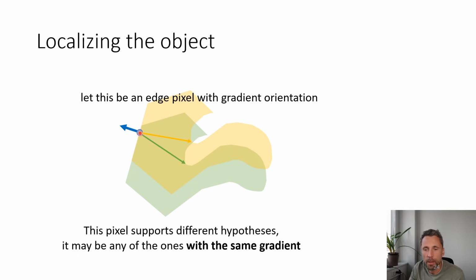So, for example, here the green shape shifted downwards, so the edge pixel is then on this upper location here on the same edge, and the center location now would obviously be shifted downwards as well. So one edge pixel supports many different hypotheses, just like in the original Hough transform.